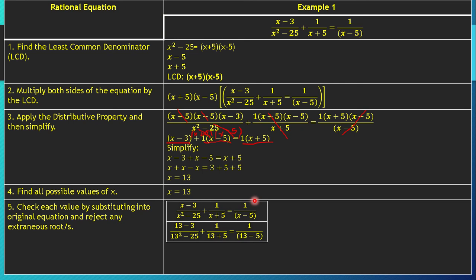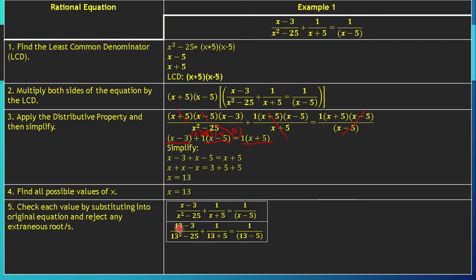Okay, so isusubstitute lang natin yung value ng x which is 13. I-replace natin ng 13 yung mga x na nandito. So itong x, sinubstitute natin ng 13. Itong x na nandito, pinalitan ng 13. At itong x na nandito, pinalitan din natin ng 13.